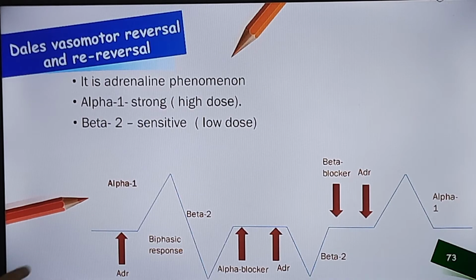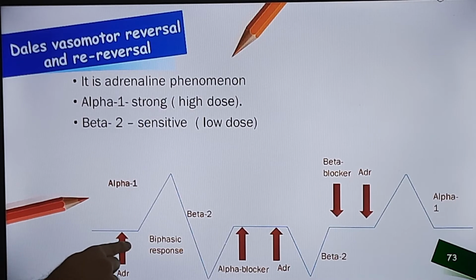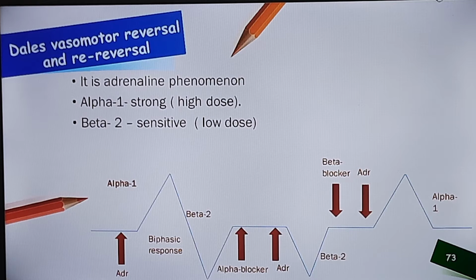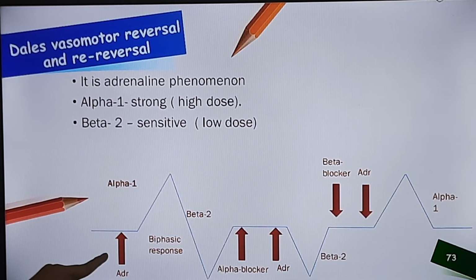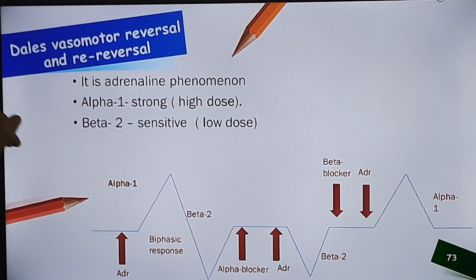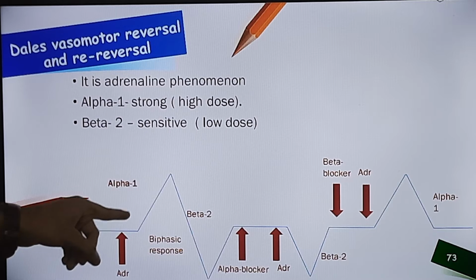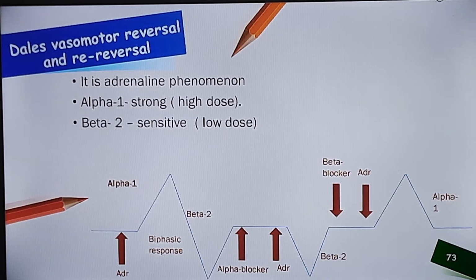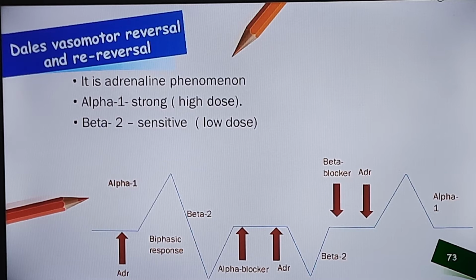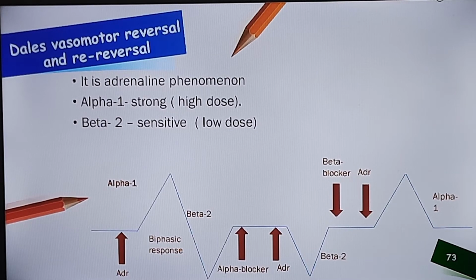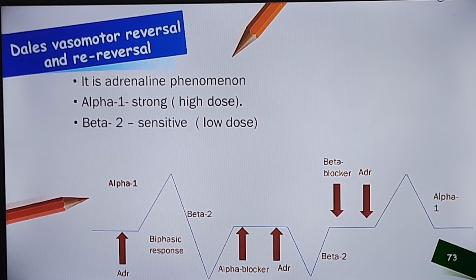So as you can see, this is our normal blood pressure, and after giving a high dose of adrenaline, it works on the alpha-1 adrenergic receptor, and because of that there is a rise in blood pressure. Now as time passes, our adrenaline will get metabolized, and ultimately its concentration will decrease.